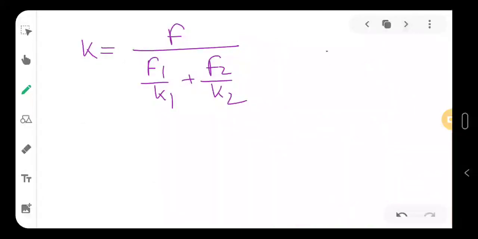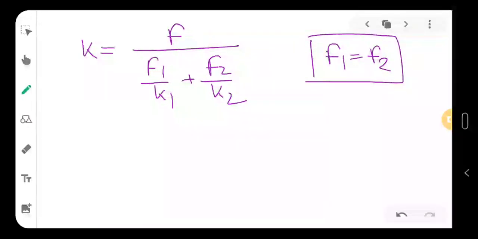Now I am thinking of some displacement for which these two forces will be the same.